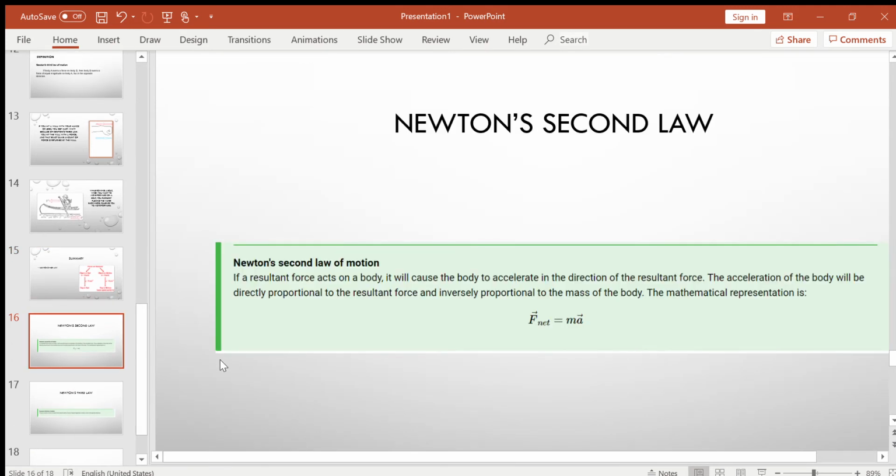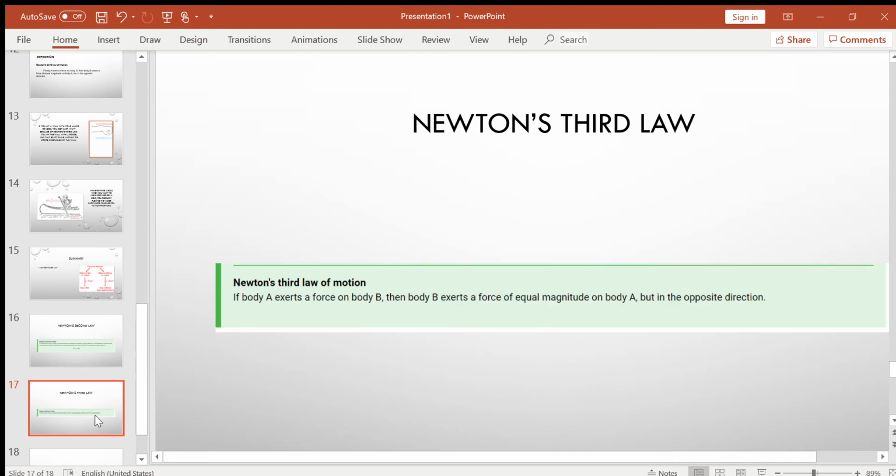For Newton's second law, we should remember that the acceleration is directly proportional to the force and inversely proportional to the mass of the body, and the mathematical representation is that the total force, the net force, equals the mass multiplied by the acceleration.